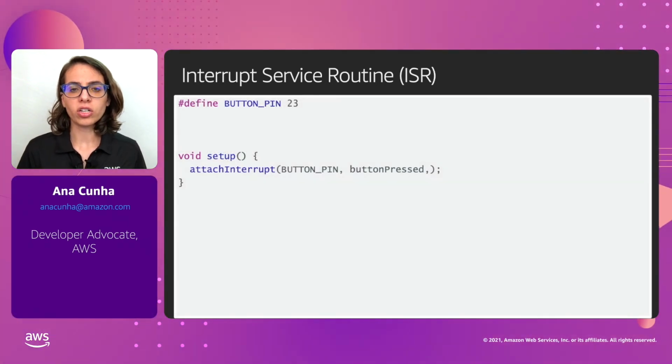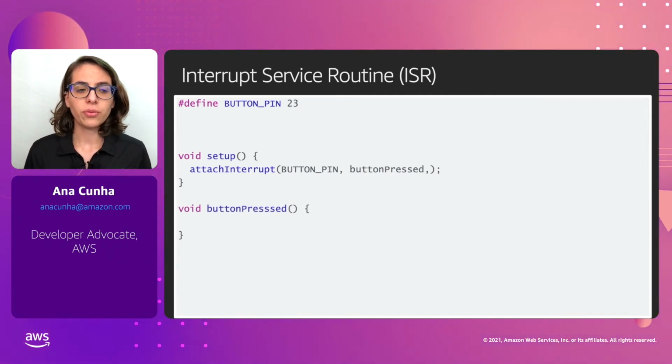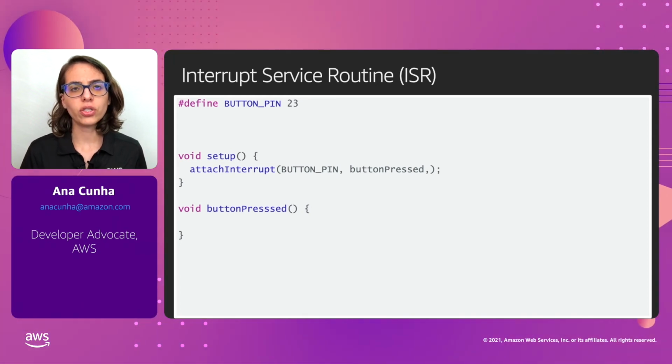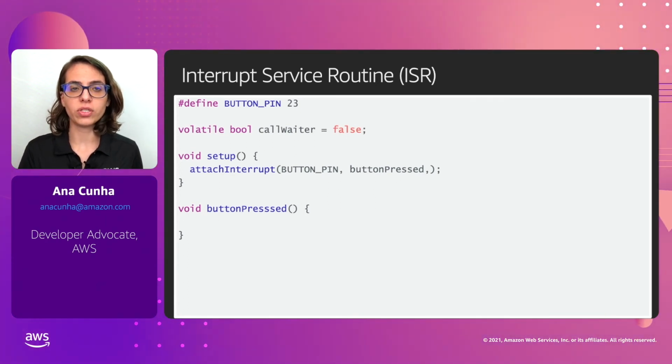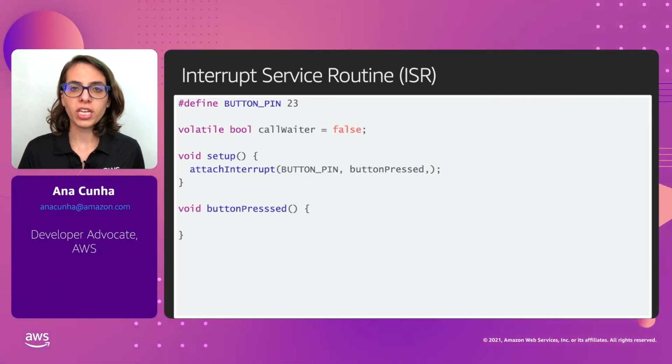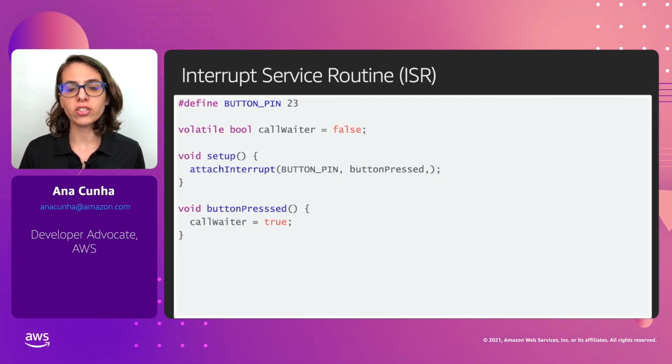So we're going to call our ISR buttonPressed. So we can start writing this function, and we're going to use a flag variable that will tell us if we should call the waiter or not. This will be a volatile variable because it will be used inside the interrupt function, and it will be initialized to false. So inside the ISR function, we're just going to change the call waiter flag to true.